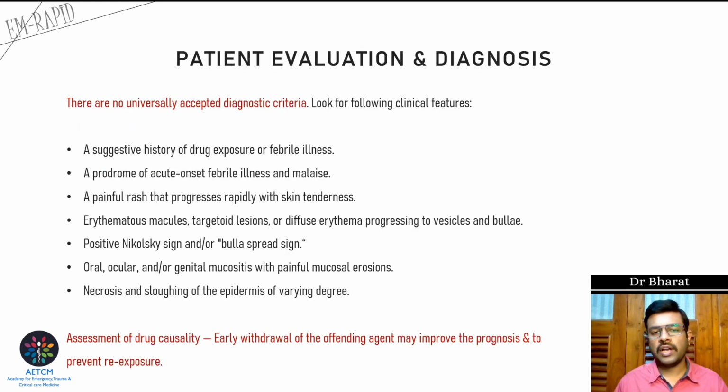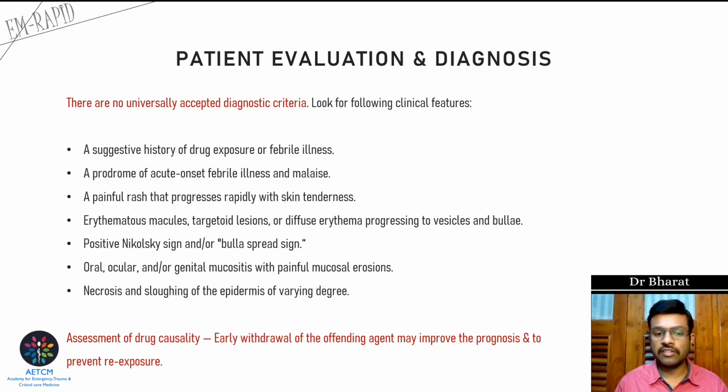Now, how to evaluate a patient who presents with SJS/TEN? Basically, there are no universally accepted diagnostic criteria, but there are certain things that we can look into, like a suggestive history of drug exposure with a high-risk drug, a prodrome of acute febrile illness with malaise, a painful rash that progresses rapidly with skin tenderness, erythematous macules, targetoid lesions, or diffuse erythema progressing to vesicles and bullae.